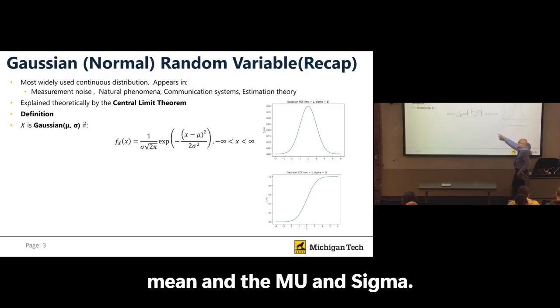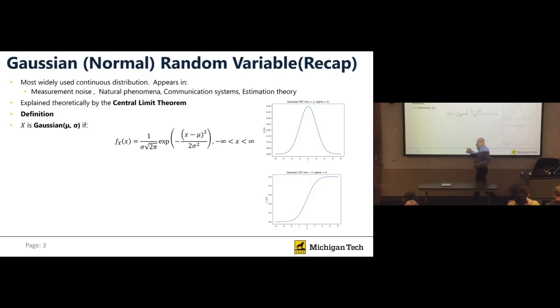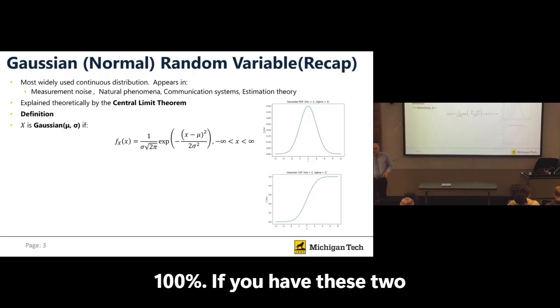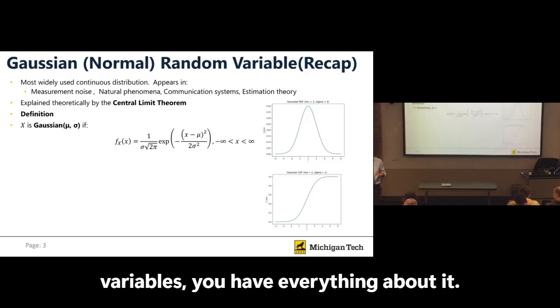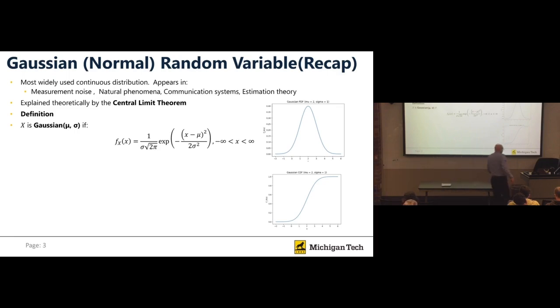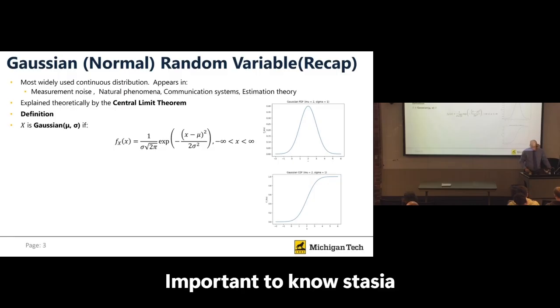And mu and sigma explain this distribution completely, 100%. If you have these two variables, you have everything about it. So that's why it's very well known and important to know. So that's a Gaussian.